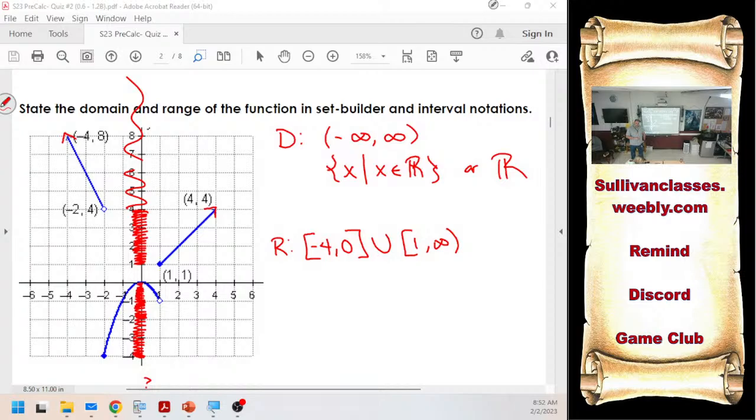You just put a Y's instead of X. So I'm going to say all Y is such that I'm from here to here. How do I write that? How do I say it's greater than or equal to this guy, but less than or equal to this guy?